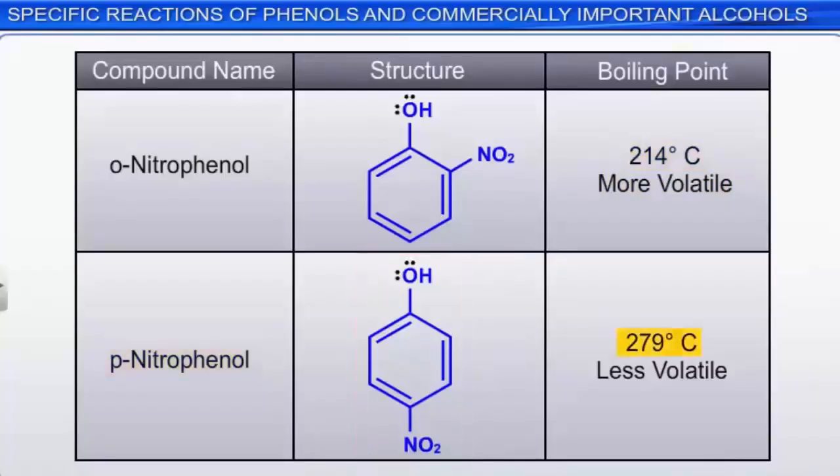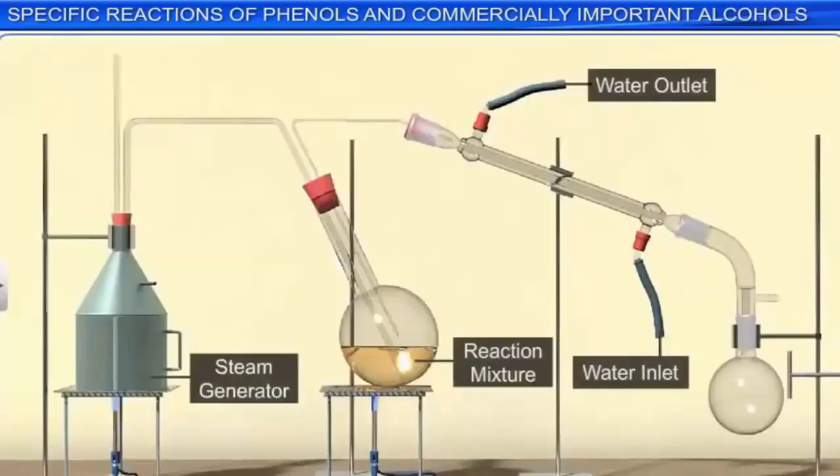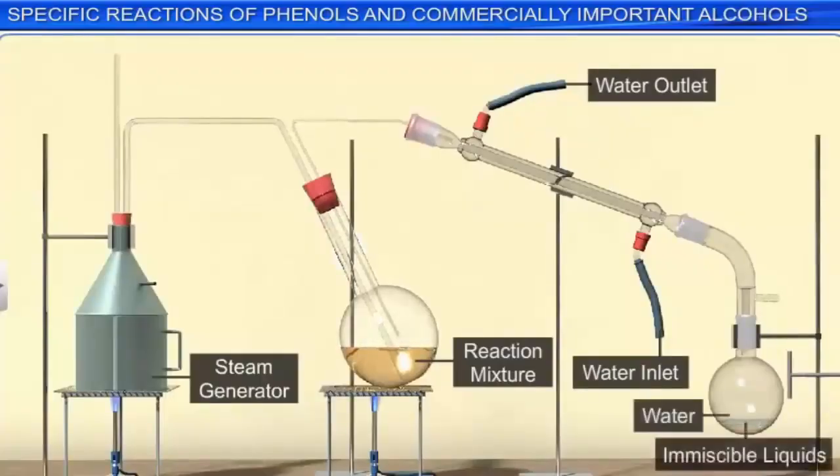We can use the difference in their boiling points to separate the isomers by steam distillation. Ortho-nitrophenol is steam volatile, but para-nitrophenol is not.